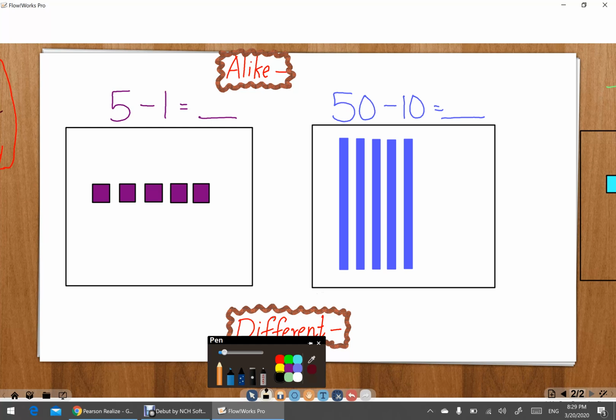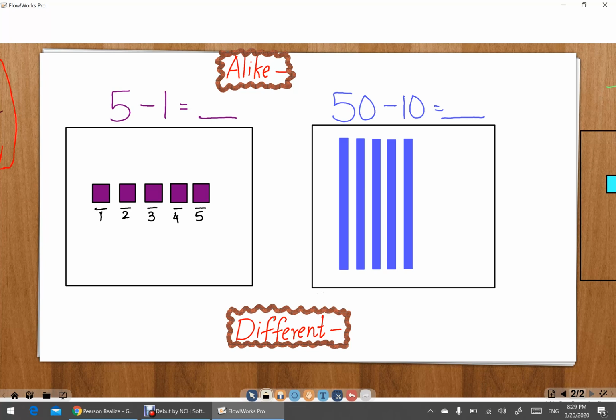So here I have 5 cubes. 1, 2, 3, 4, 5. Now from 5, I will take away 1. How many am I left with? 1, 2, 3, 4. Good job.